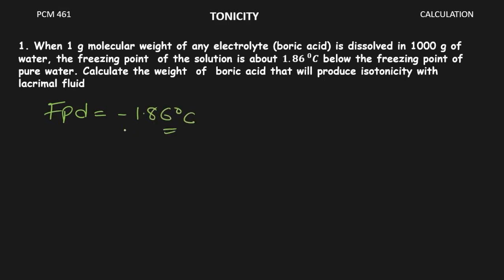I use minus to tell you that it's actually a depression in the freezing point. So whenever you dissolve 1 gram molecular weight of any electrolyte in 1000 gram of water, the freezing point you are expecting will be what? Minus 1.86 degrees Celsius.